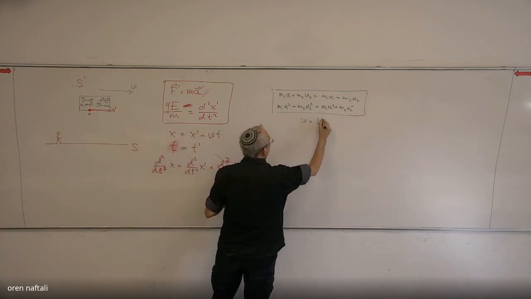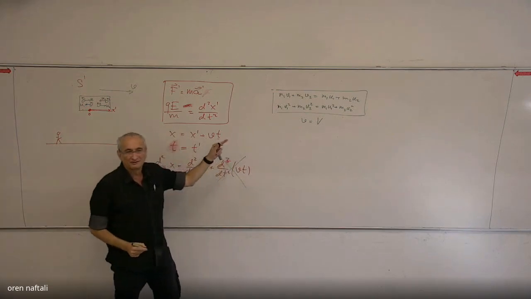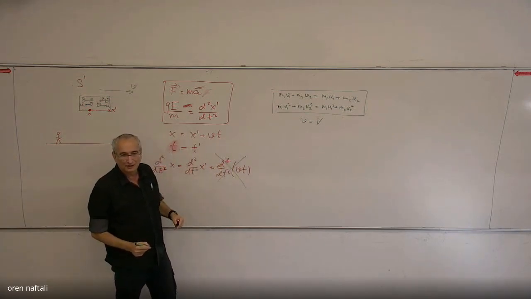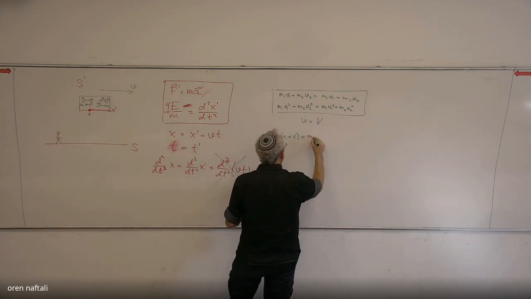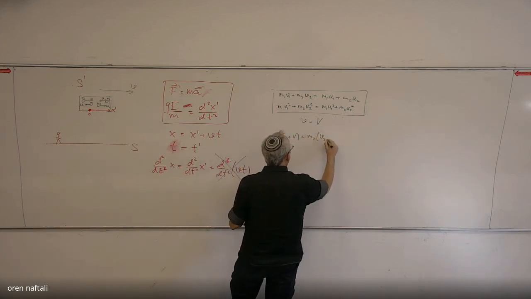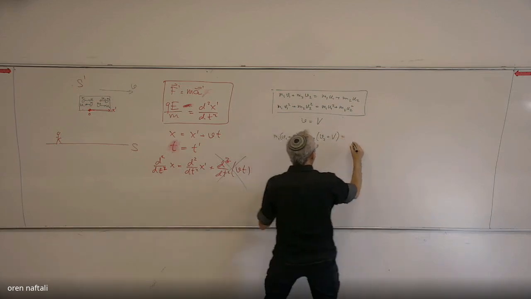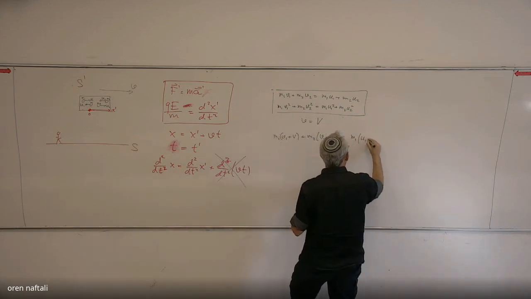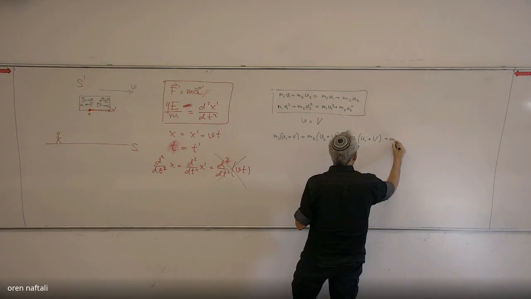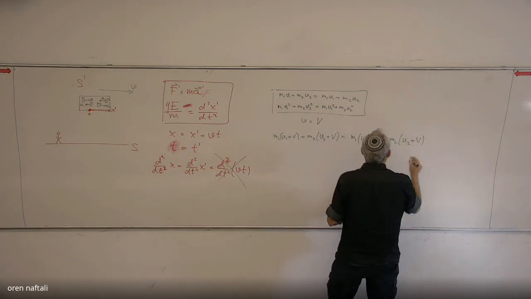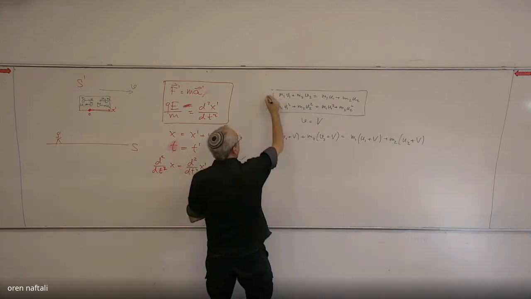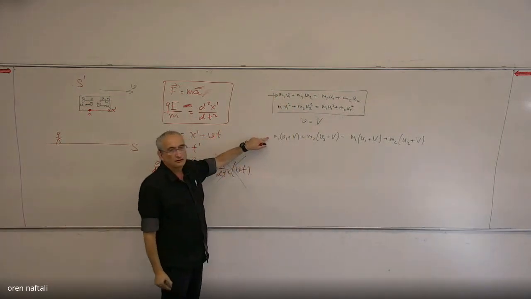Instead of v, I'm writing capital V just to distinguish it from the small v1, v2, and so on. So the first equation becomes m1 (v1 plus V) plus m2 (v2 plus V) equals m1 (u1 plus V) plus m2 (u2 plus V). Now, if this equation holds, the conservation of momentum, what is the condition for it to hold?